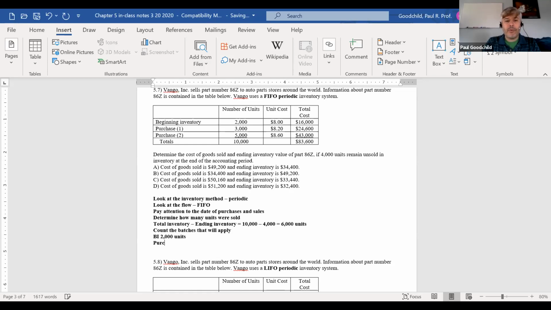Then we have purchase 1, and that's 3,000 units. And so now we're up to 5,000 total.